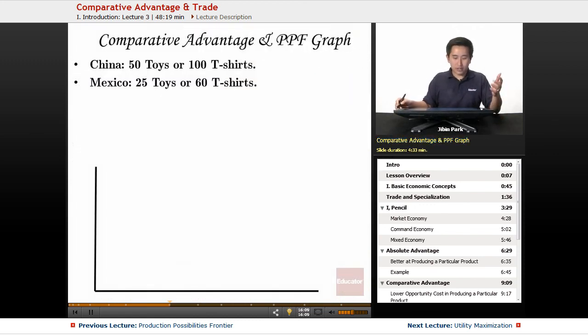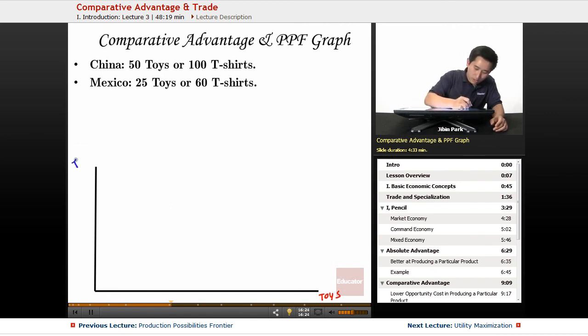So comparative advantage, let's go ahead and graph this and be able to see how that would actually look using a production possibilities frontier. Let's merge these two concepts together here. So we're going to put toys here on the x-axis, and we're going to put t-shirts on the y-axis here. So let's say the Chinese can make either 50 toys.